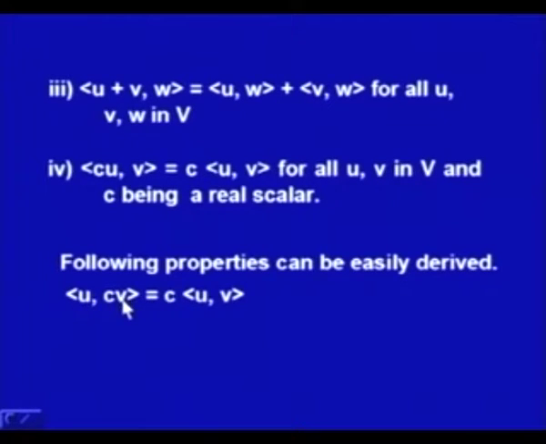So u comma Cv is equal to C times u comma v. The next property which can easily be derived is u comma v plus w is equal to u comma v plus u comma w. Again it is derived from the symmetric property, and then using the third property one can easily arrive at this result.